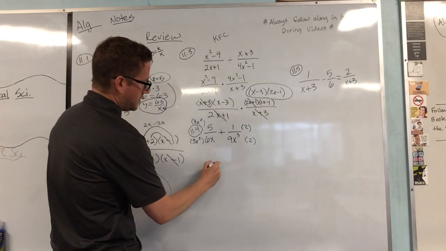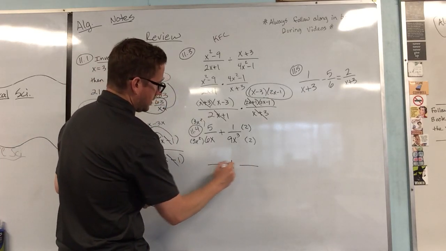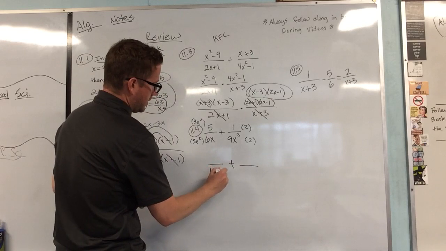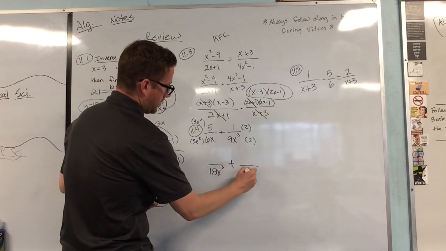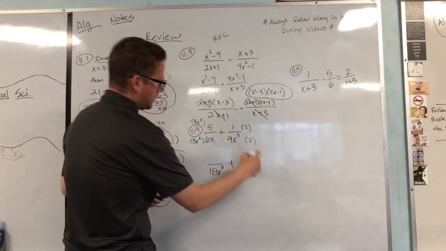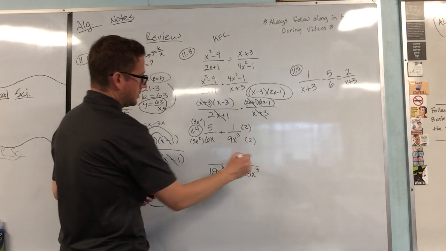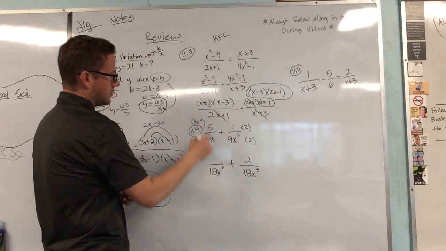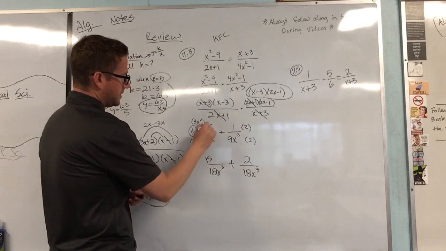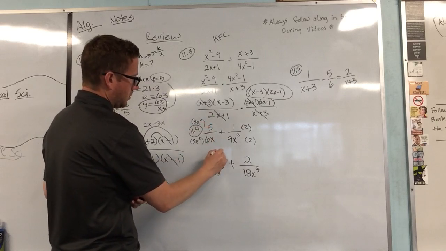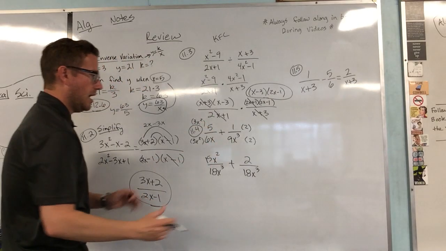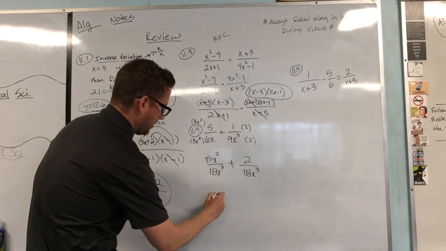So now my common denominator is looking like 18x to the third for both of these, and 2 times 1 is 2. 5 times 3 is 15, and then the x squared gets tagged onto it, and now you just need to show it all together.